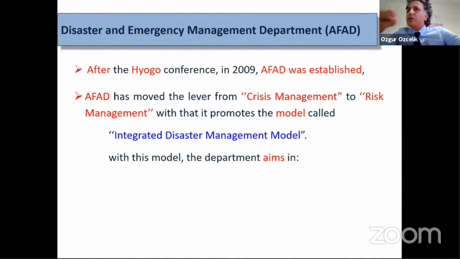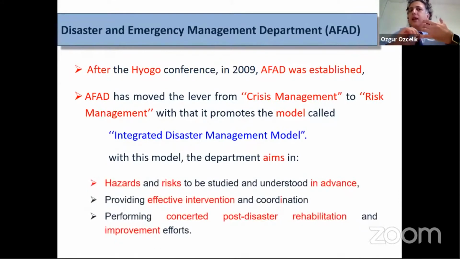With that, it promotes the model called Integrated Disaster Management Model. And with this model, the department aims for hazards and risk to be studied and understood in advance, providing effective intervention and coordination, and performing concerted post-disaster rehabilitation and improvement efforts. So it is not just crisis management, but it's a risk management, and it's an integrated model.